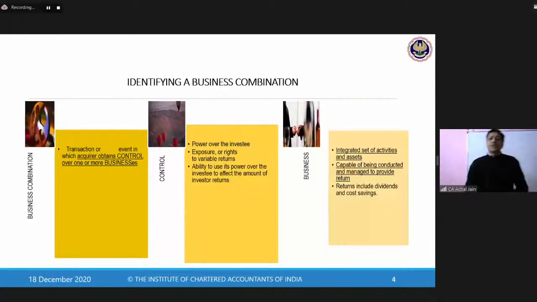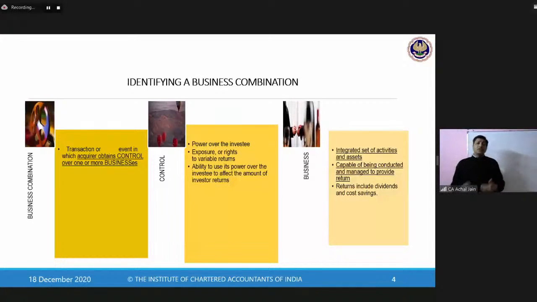Now, when we need to identify a business combination, a couple of things are required. One, whether a business is getting acquired or not. We need to assess whether whatever is getting acquired will form a business or not. That's the first step. Now, what is a business?